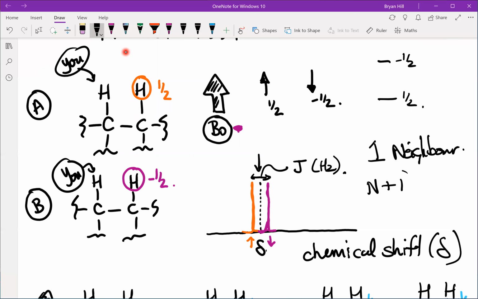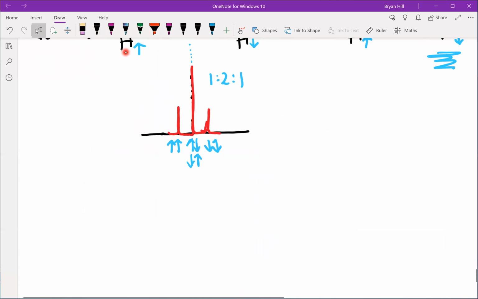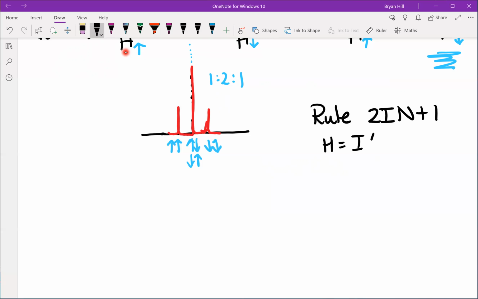There's basically a rule, the n plus 1 rule for first order spectra. Technically, the rule is the 2I n plus 1 rule, but for a proton I equals 1/2, so 2 times a half is 1. So the rule basically comes down to the n plus 1 rule.